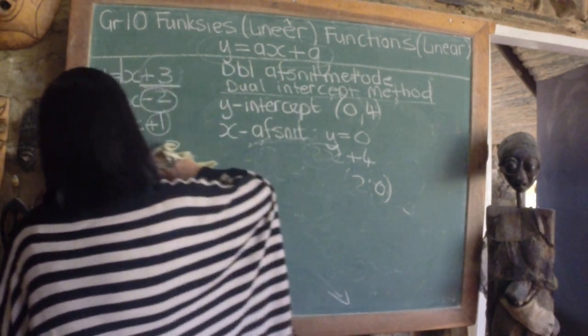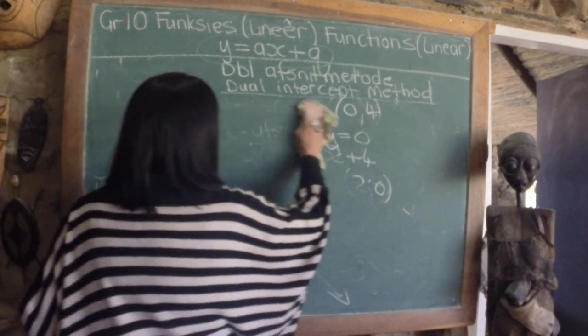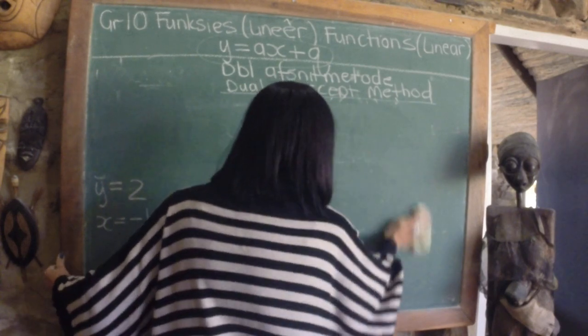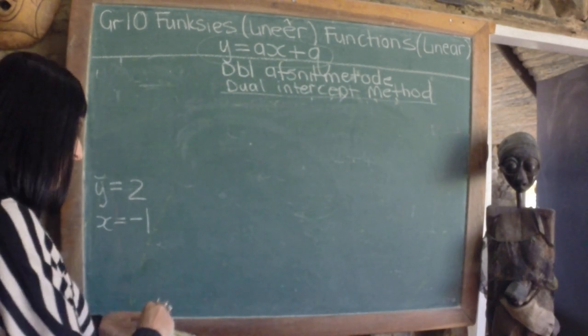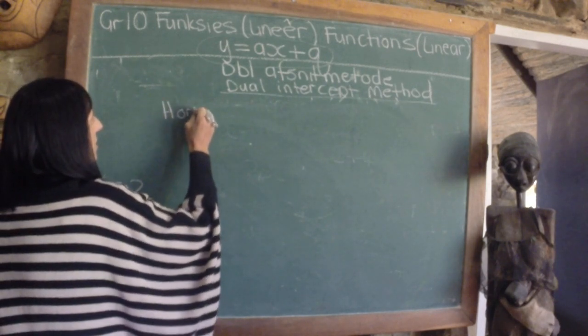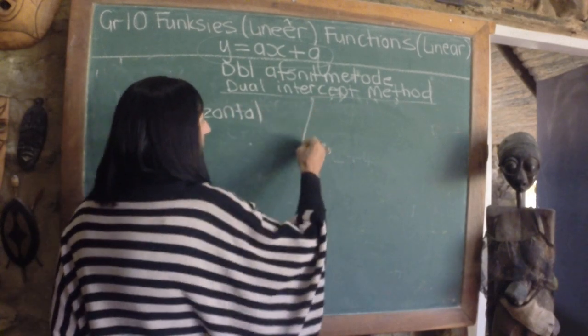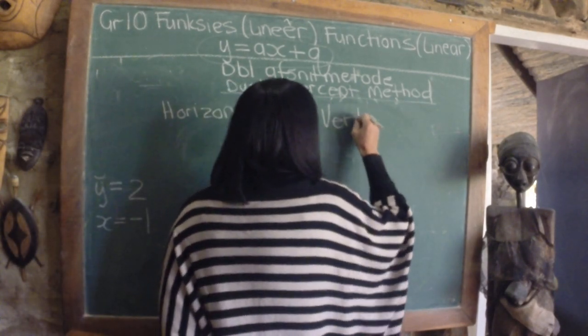Okay, the last two that we're going to draw is horizontal and vertical lines. Nou, horisontale en vertikale lyne is verskriklik maklik. So juffrou gaan jou leer horizontal lines and vertical lines.